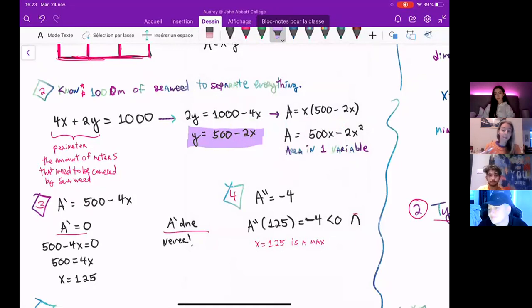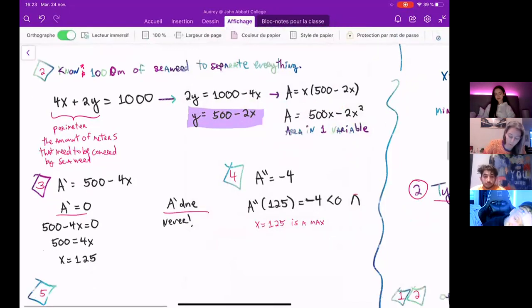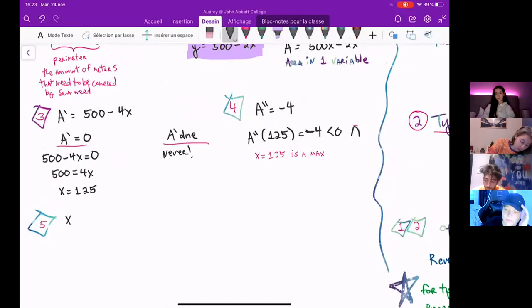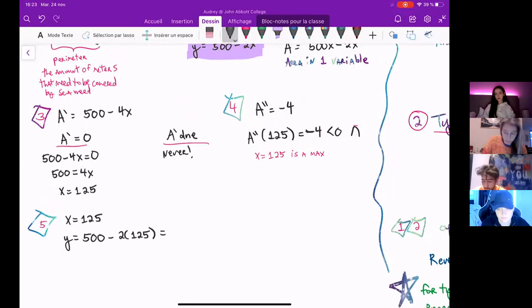So what we said is, with type 2 questions, we always want to go back to our relationship in step 2 to find the other variable. So here we got that X is equal to 125. So Y is equal to 500 minus 2 times 125, which is going to give me 250.